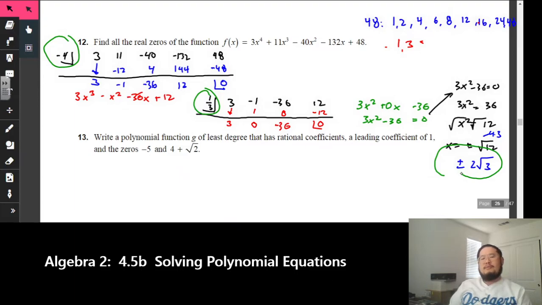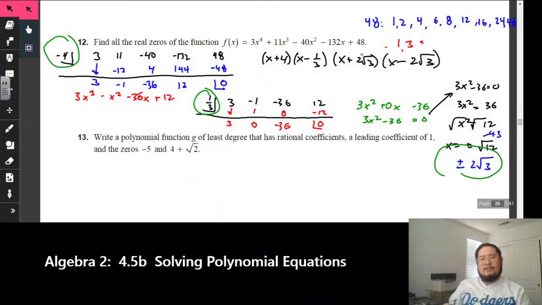If you were to write it as a polynomial, then I would write it as x plus 4 as one of them. Then we have ourselves x minus 1/3, and then we have x plus 2 rad 3, and then x minus 2 rad 3.